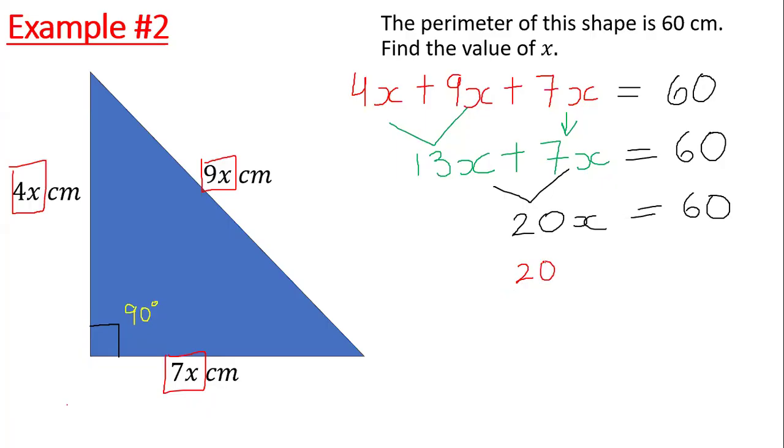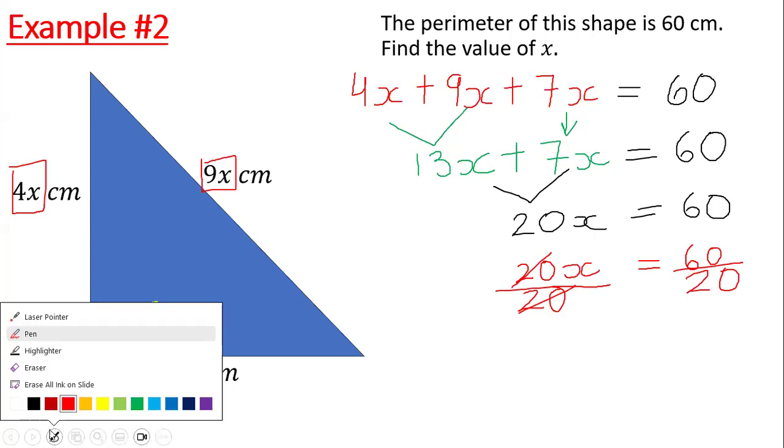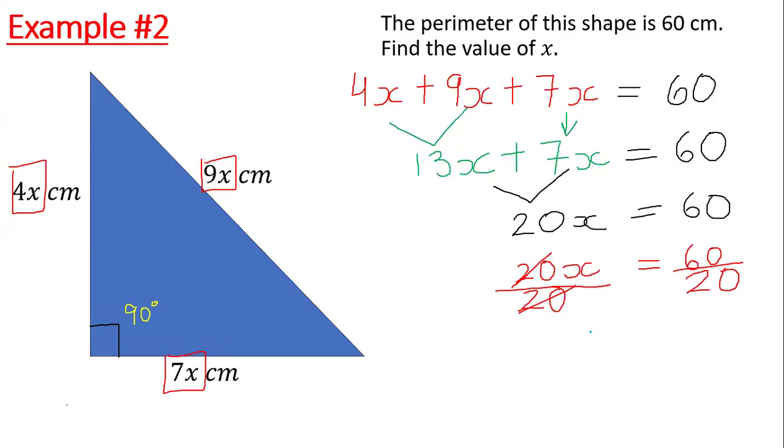So we have 20x is equal to 60. Divide both sides by 20. 20 cancels over 20, so we're left with x is equal to what? 60 divided by 20.